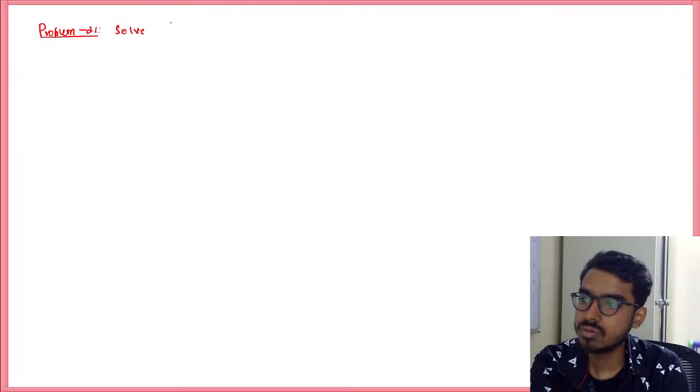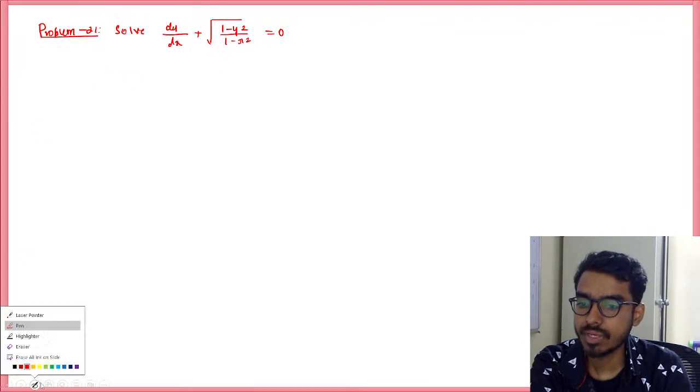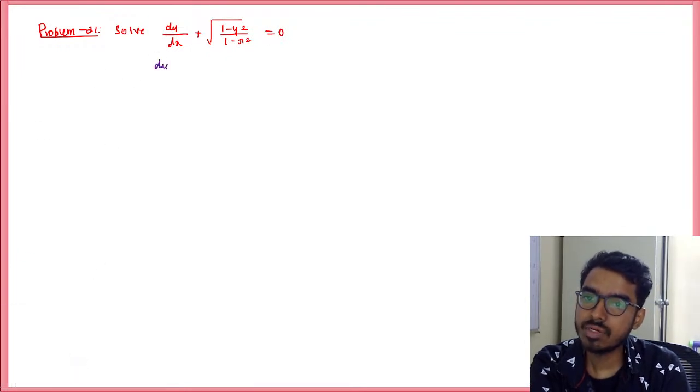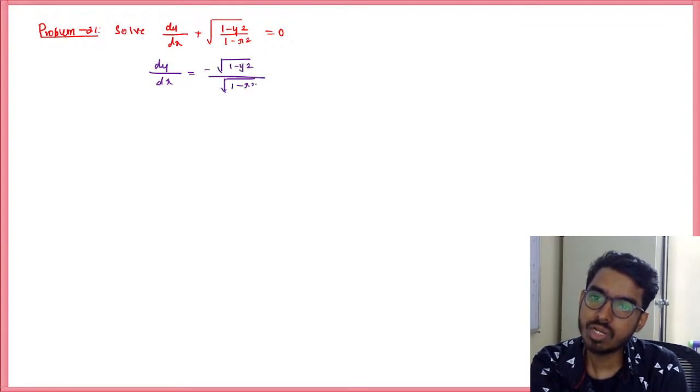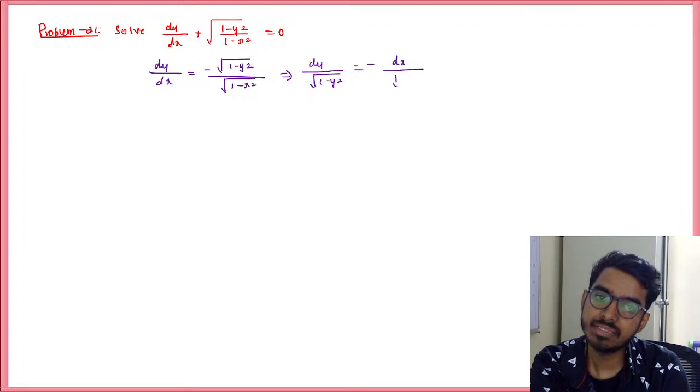dy by dx plus root of 1 minus y square by 1 minus x square is equal to 0. So we have dy by dx is equal to minus root of 1 minus y square divided by root of 1 minus x square. So we have dy divided by root of 1 minus y square is equal to minus dx divided by root of 1 minus x square.